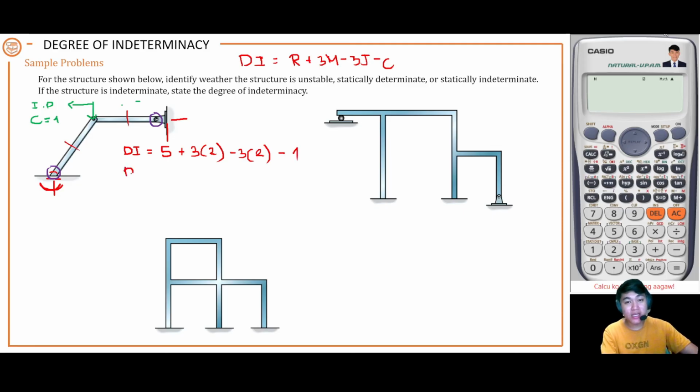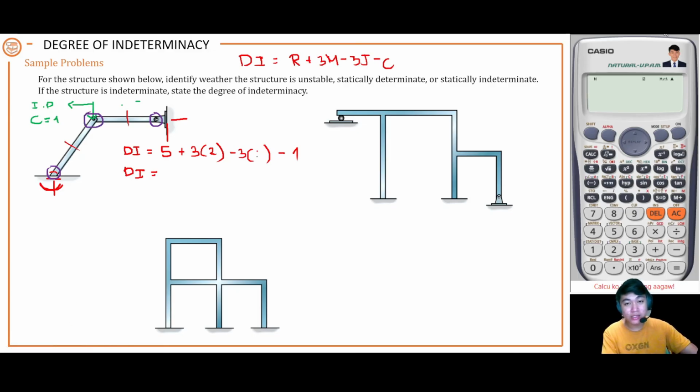So therefore, the degree of indeterminacy is equal to, sorry, for the number of joints, 3 times 3. Okay, so number of joints, it should be 3 joints.